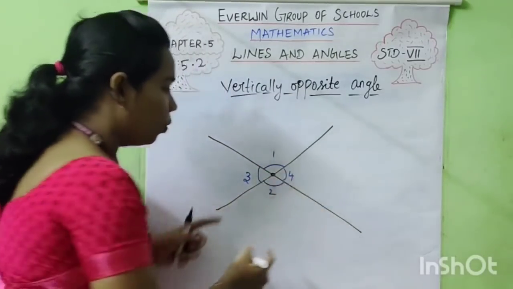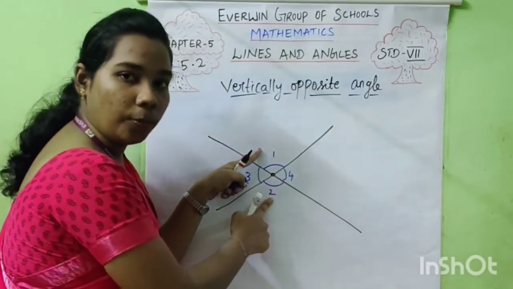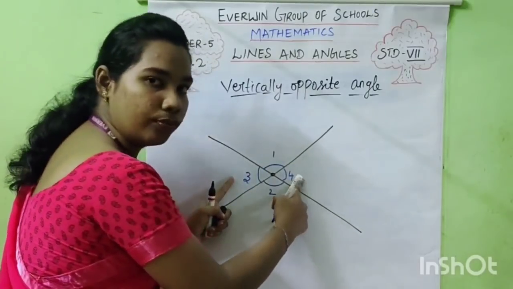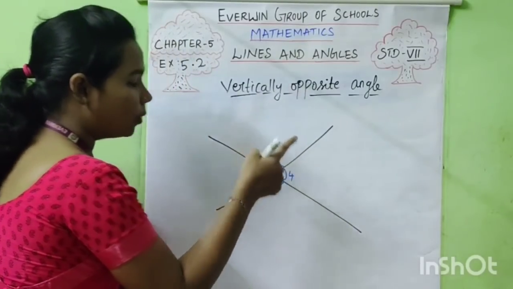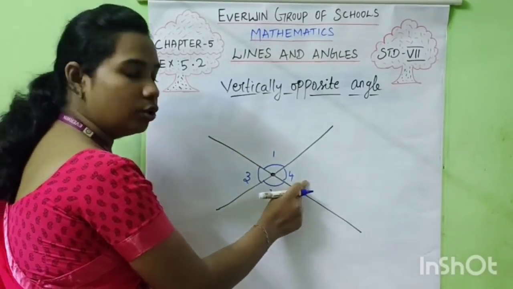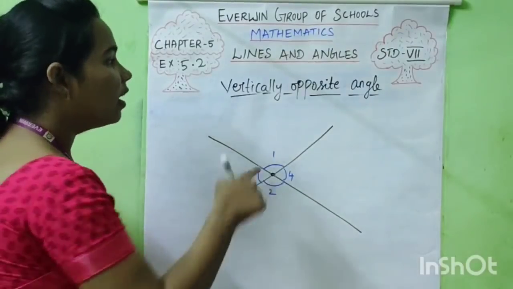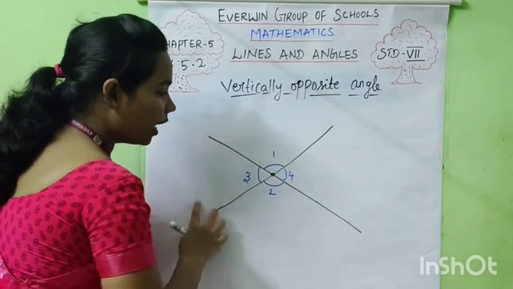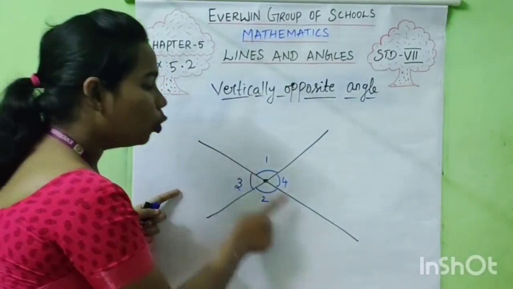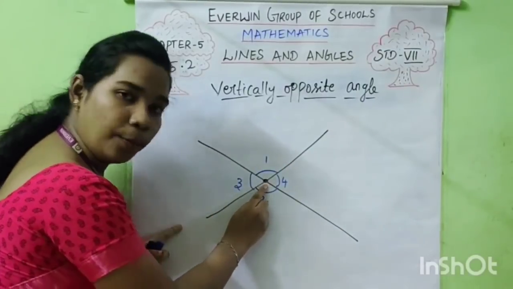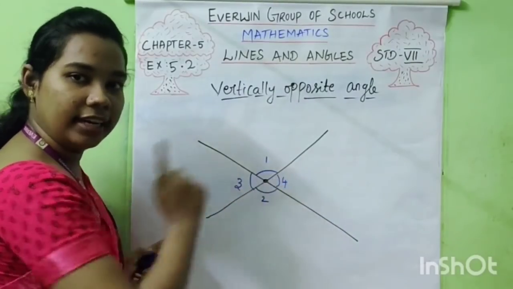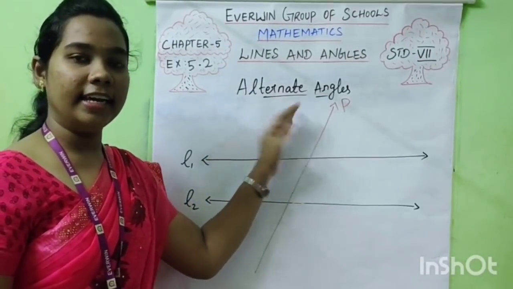See here, 1 is vertically opposite to angle 2 and 3 is vertically opposite to 4. Always remember, children, vertically opposite angles will look like the form of X. So whenever you see two lines intersecting at the same point, you can easily decide the vertically opposite angles. Clear, children?